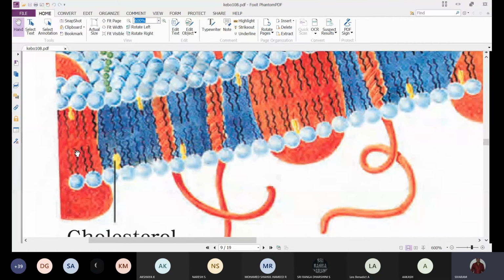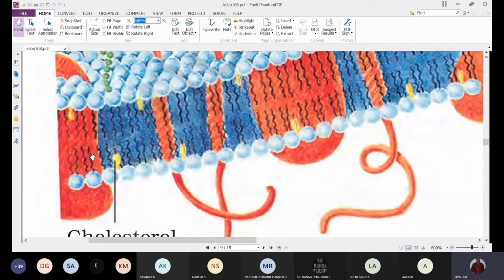All of this together we call a phospholipid. It has a hydrophilic head and a hydrophobic tail.